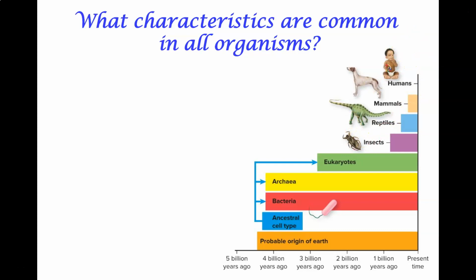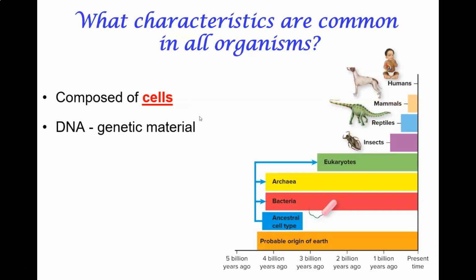So what are these characteristics that are common to all organisms? First, all these organisms are made of cells. That's the basic building block of life. And inside a cell, even this simplest ancestral cell, you have the genetic material or the DNA. And all cells, whether it is a single cell or a multicellular, bigger, more complex organism, we all need ATP as a form of energy.